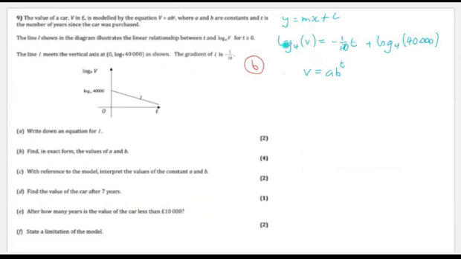In particular, because we've got the first part, which is in terms of log to the base 4, we can take log to the base 4 of both sides.